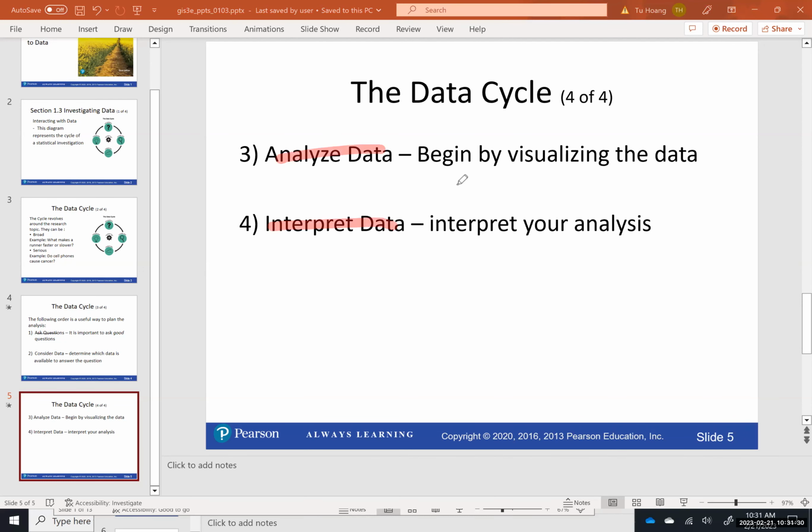To analyze the data, we can begin visualizing the data from the graph, and after that we interpret your analysis according to the shape of the graph, right? So this session is very quick, and I'm going to move to 1.4 right away after this.